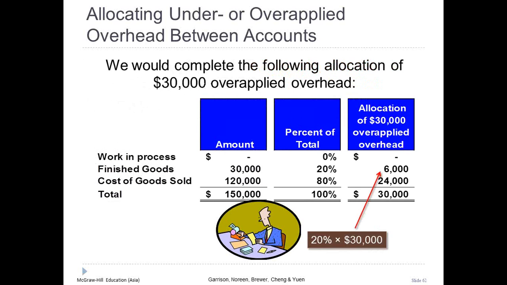So we will allocate $30,000 of overapplied overhead proportionately, resulting in the reduction of ending work in process inventory by $0, finished goods inventory by $6,000, and cost of goods sold for the period by $24,000.